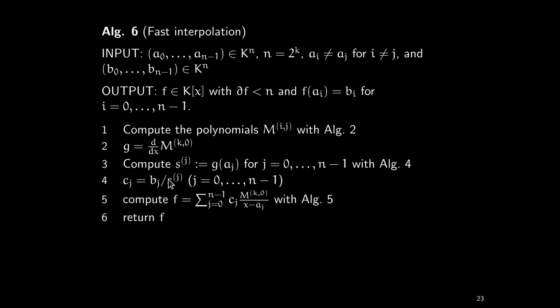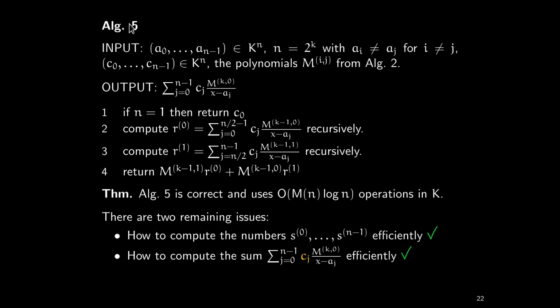And then you do this division that merges the s's into the b's. This takes linear time because it's just one operation for each of these n indices. And now you call algorithm 5, this subroutine that does the linear combination.